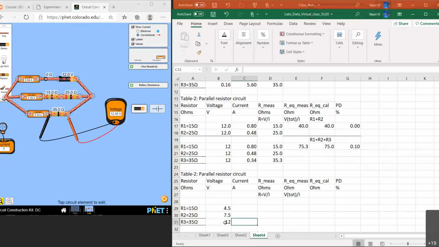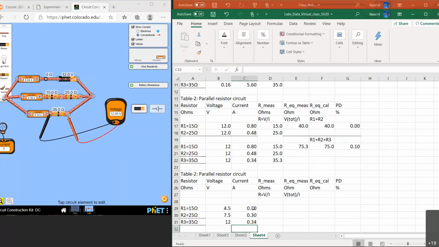Okay, we have that. Then we need current across each of the resistors, right? Resistors number 1 and 2 have the same current, 0.3 and 0.3. Resistor number 3 has 0.34.